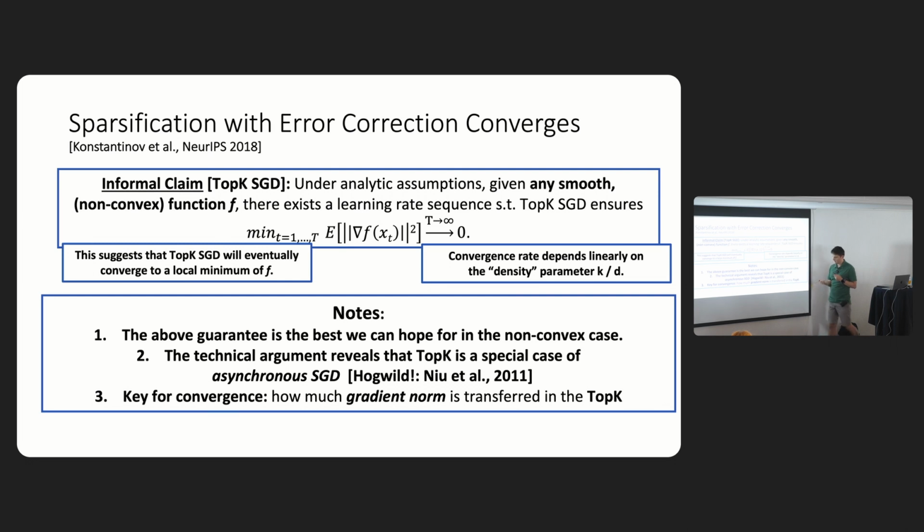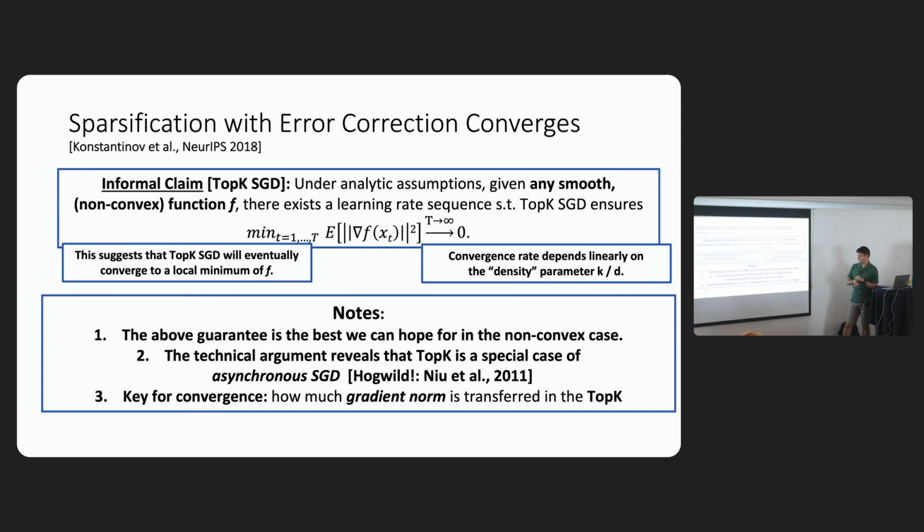And then the key for convergence here, which was also visible in the argument, is that we need to know how much gradient norm is actually transferred. So for a given sparsity, the top k is the optimal choice with respect to that sparsity.